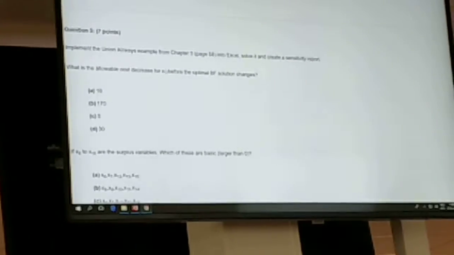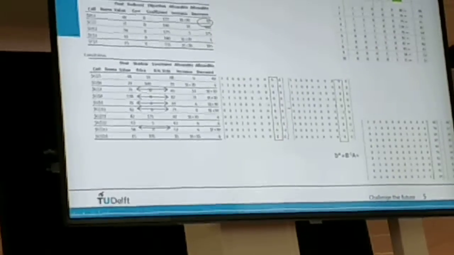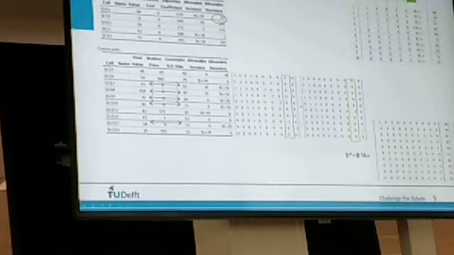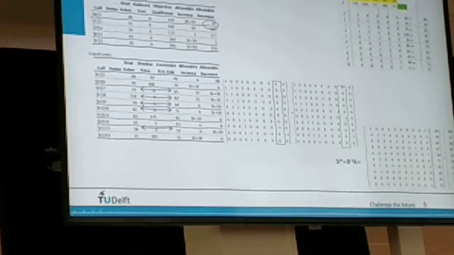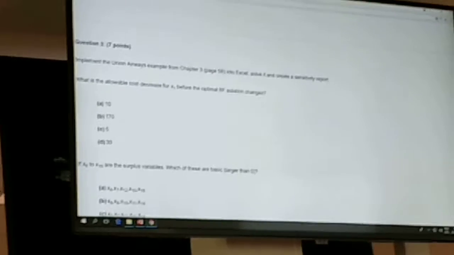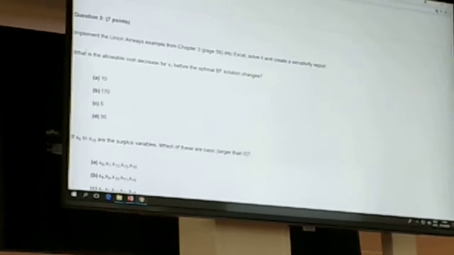assignment. So if we look at the table, which is here, then what we can see is that we get an allowable decrease, in this case for x1, so this cell corresponds with x1, and we have an allowable decrease of 10, so that's actually the limit, the change there.